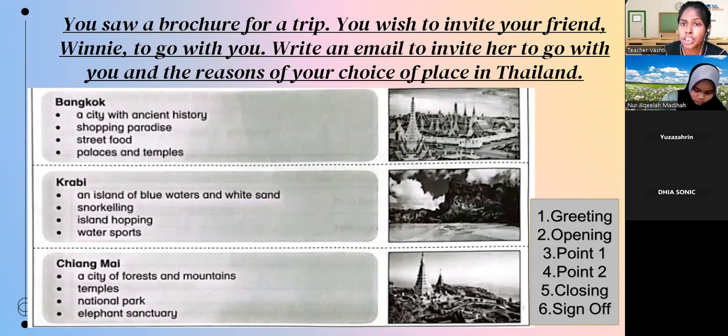Write your answer in the chat box. If it's too difficult, susah sangat, tulis dalam kertas, take a picture and send it to me.